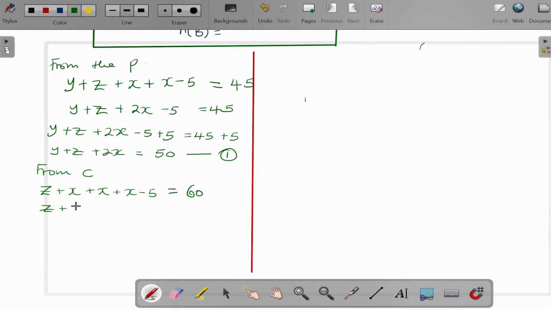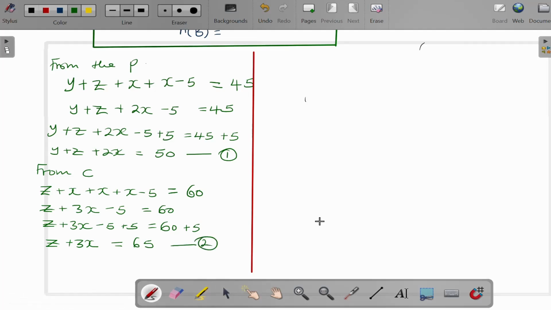We have Z plus, this is 3X minus 5 equals to 60. We collect the terms by taking 5 to the other side. Have 3X minus 5 plus 5 equals to 60 plus 5. So we have our Z plus 3X equals to 65. We can name this our equation 2. Then we proceed on.